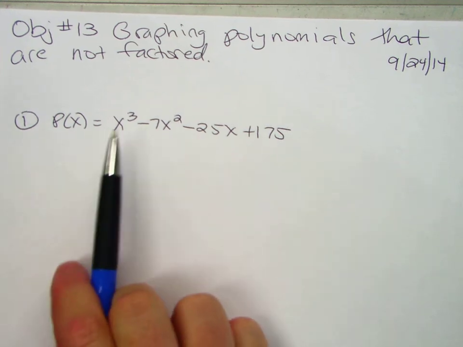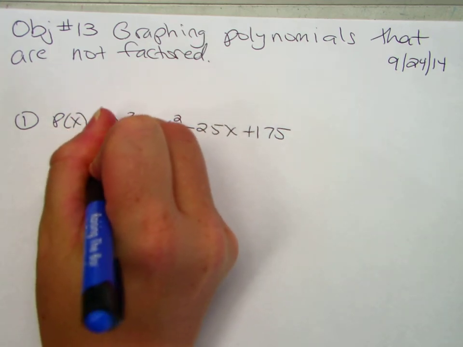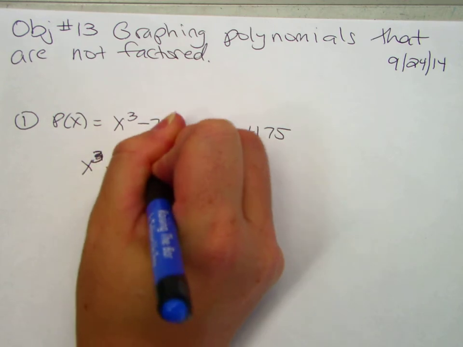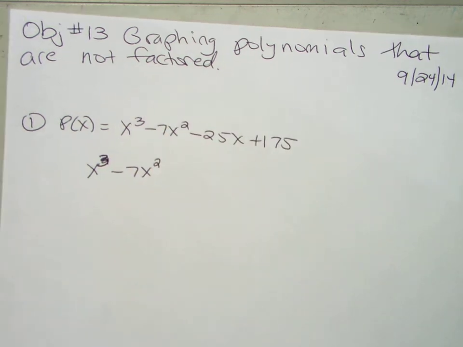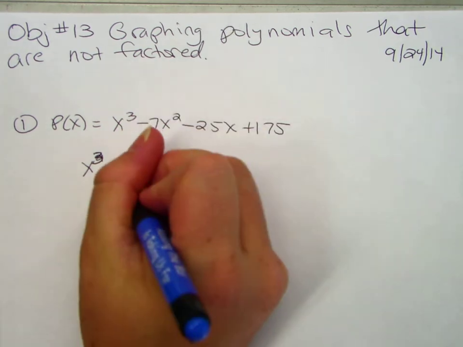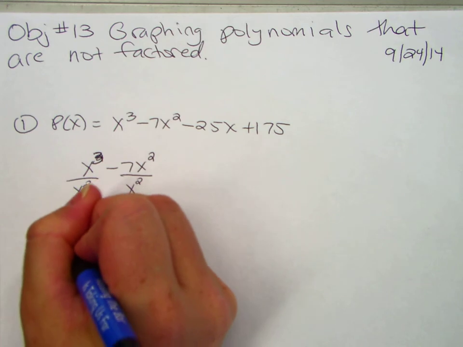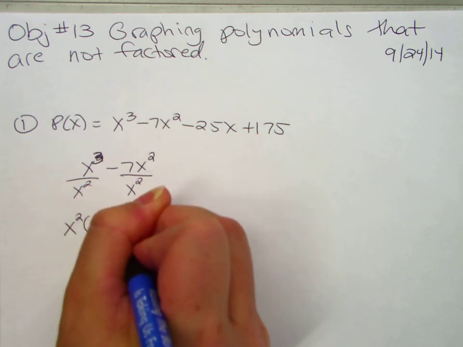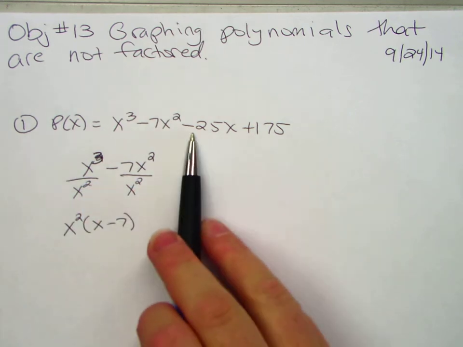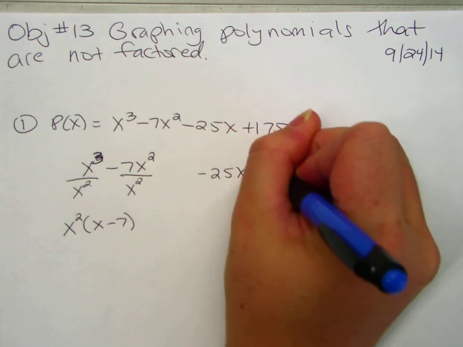So what we're going to do is take the first two terms, x cubed minus 7x squared. You're just going to do a GCF. What goes into x cubed minus 7x squared? X squared. So if you divide by x squared, you get x squared times (x minus 7). You're going to do the same thing for the second two: negative 25x plus 175.